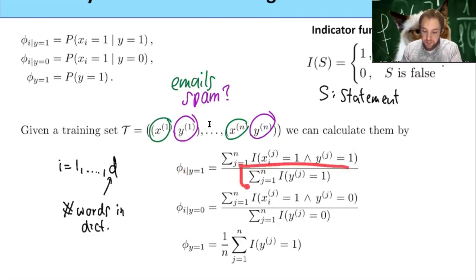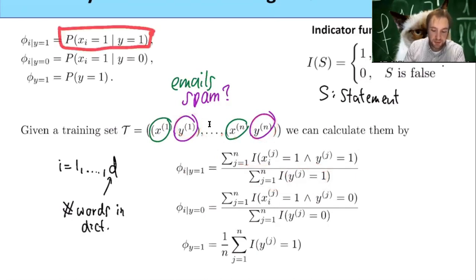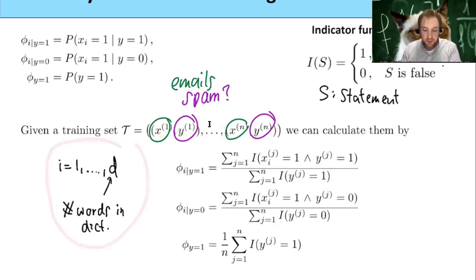And then we divide it by the number of spam emails, which is just the sum over all training examples where the corresponding label is 1, meaning it's a spam email. So here it's exactly the probability, for a given word, that it's contained in a spam email.